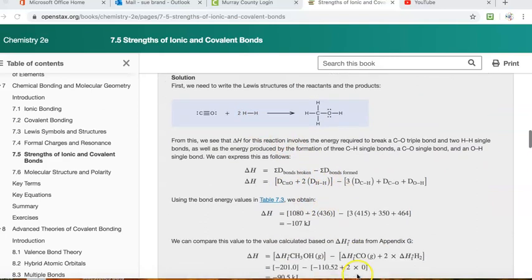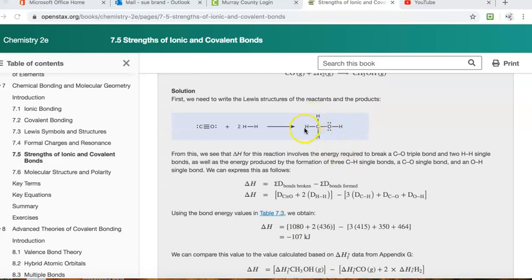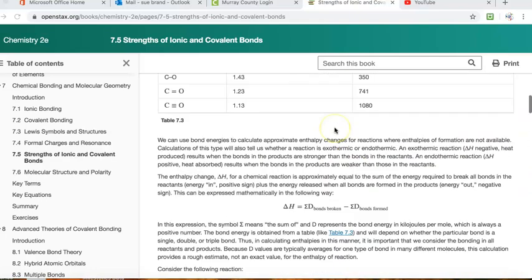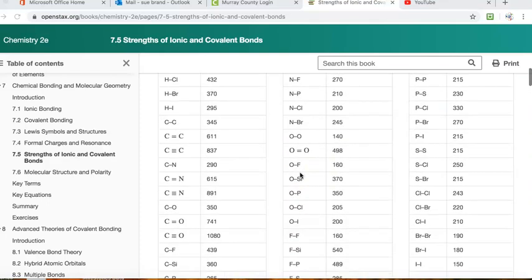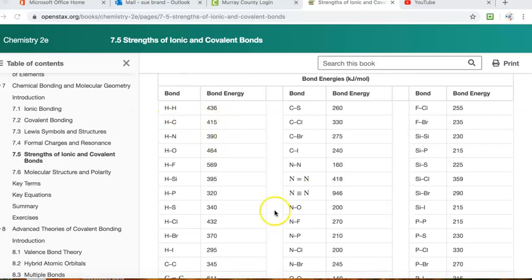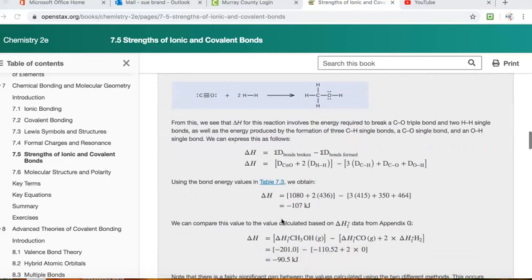All right, so we add those values together, and then we have to add up all the bond values for our product, methanol. So we have 3 carbon-hydrogen bonds, and if we look up the carbon-hydrogen bond value, it is 415 kilojoules per mole. So 3 times 415, plus we have a carbon-oxygen single bond.